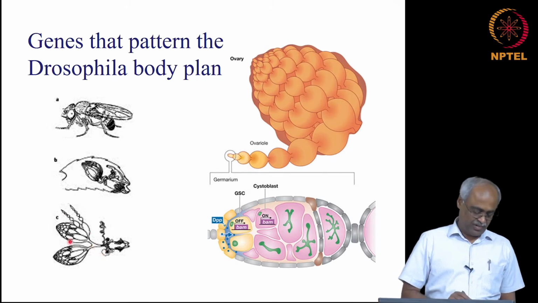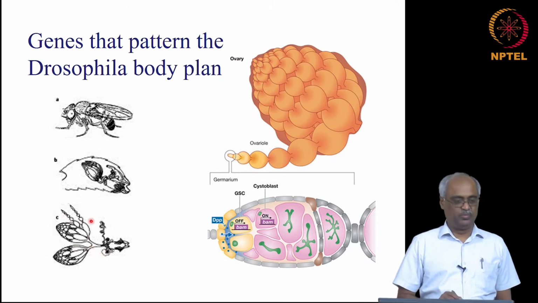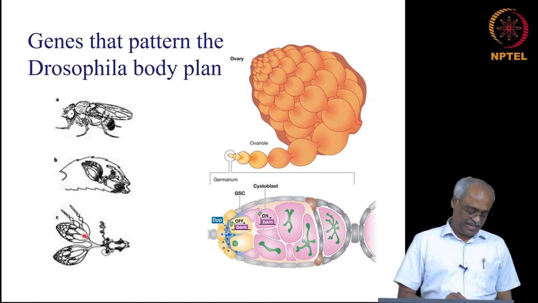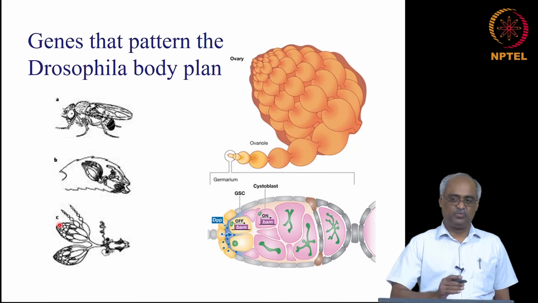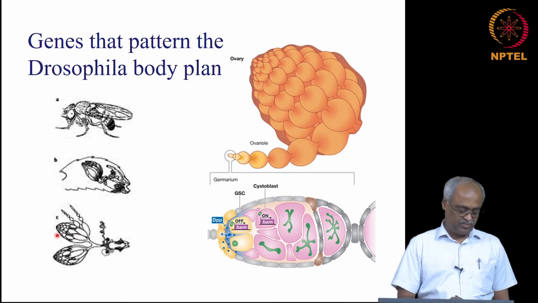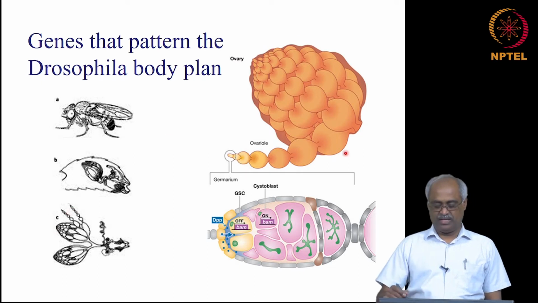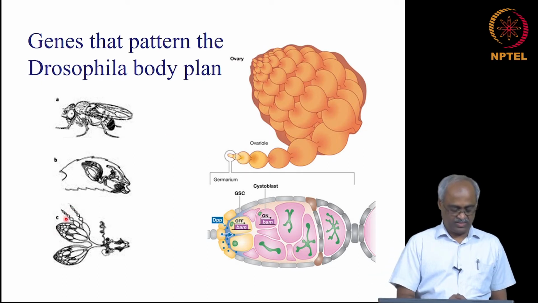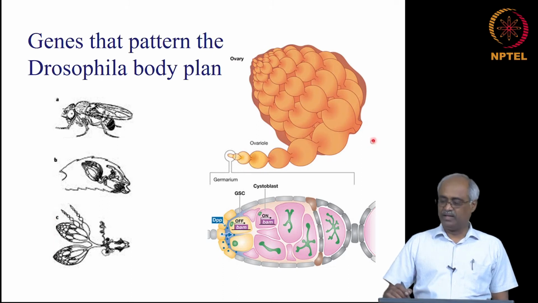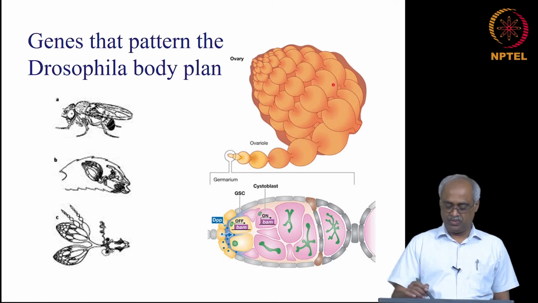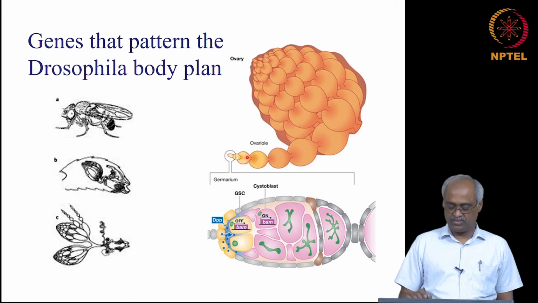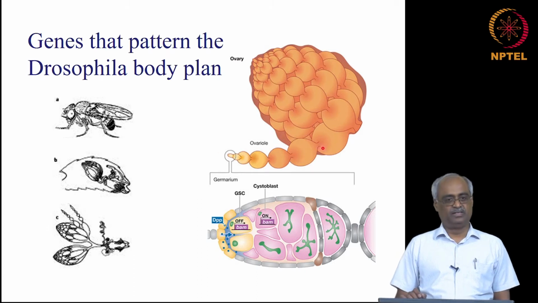So this is an ovary, this is another ovary, and these have these kind of structures. Two of them have been peeled out from that, and many of them together form this. Each one of them is an ovariole, and that is shown here big. So this whole structure is the ovary, and the ovary is made up of many ovarioles, and one of them is shown here in good detail.